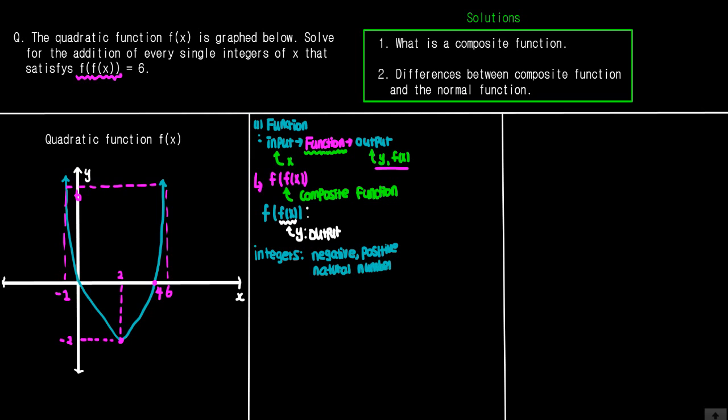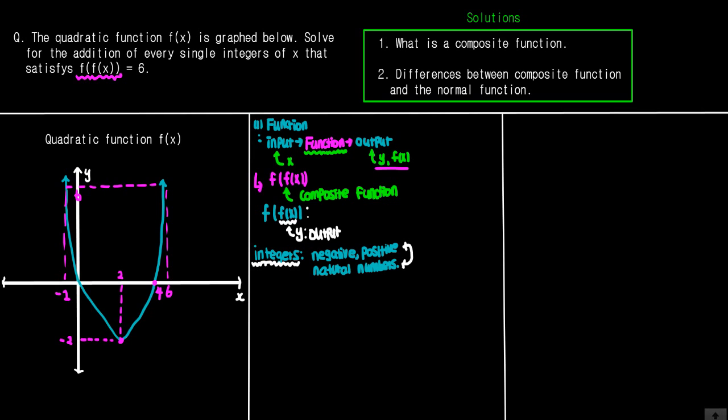Natural numbers are numbers that don't count fractions or decimals. So these are just numbers, which we call integers, that can be either a negative or a positive value.